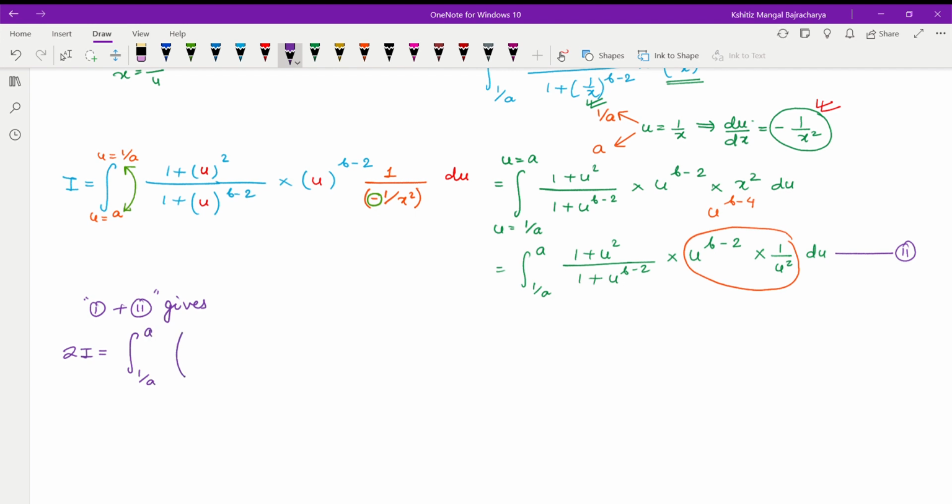The first one is 1 plus x squared over x squared plus x raised to the power b.